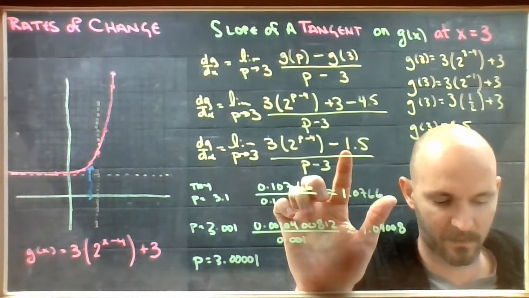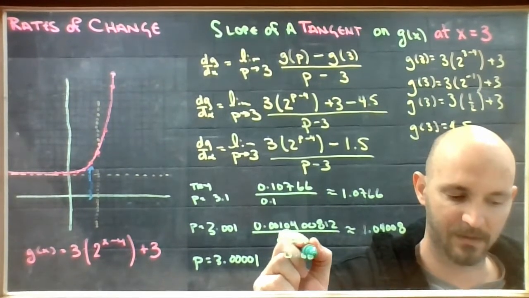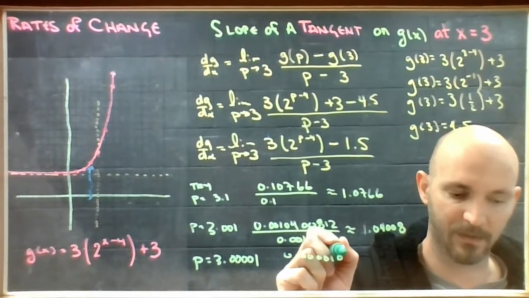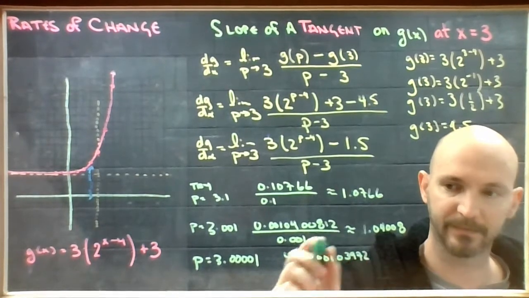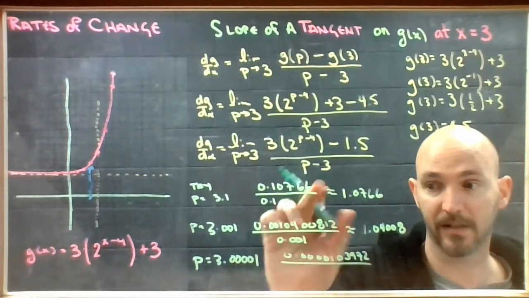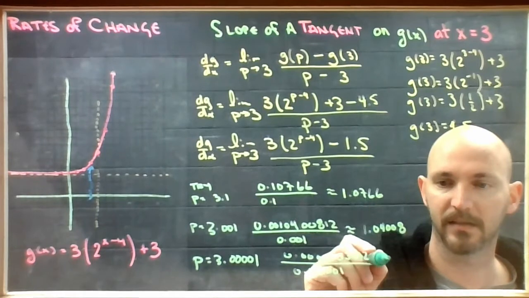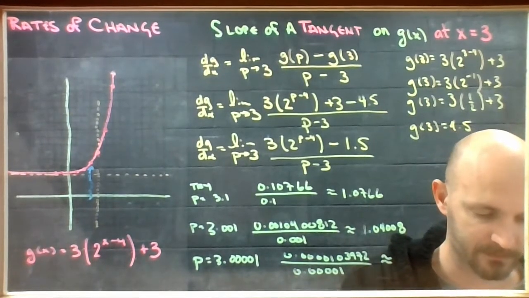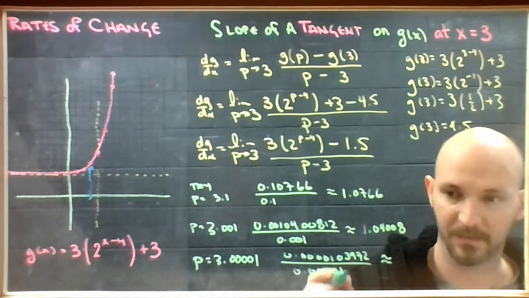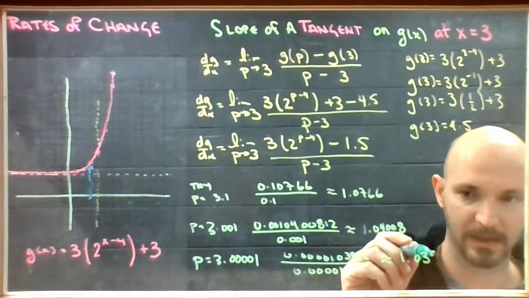Subtract 1.5 gives me 0.000010397. This number here in the denominator would give me 0.00001. Gives me 1.0397.